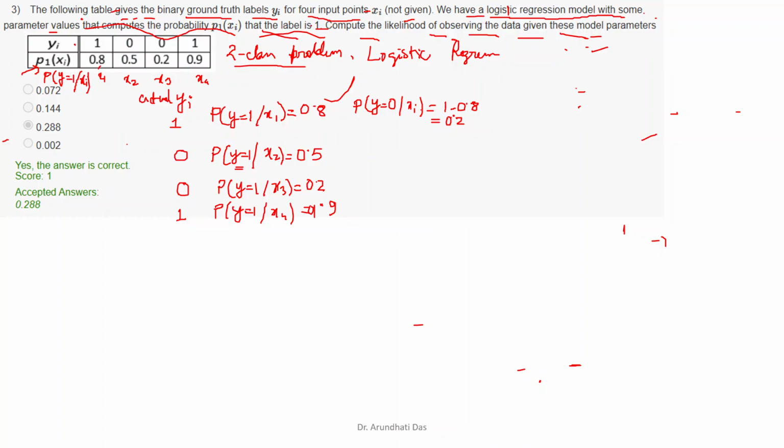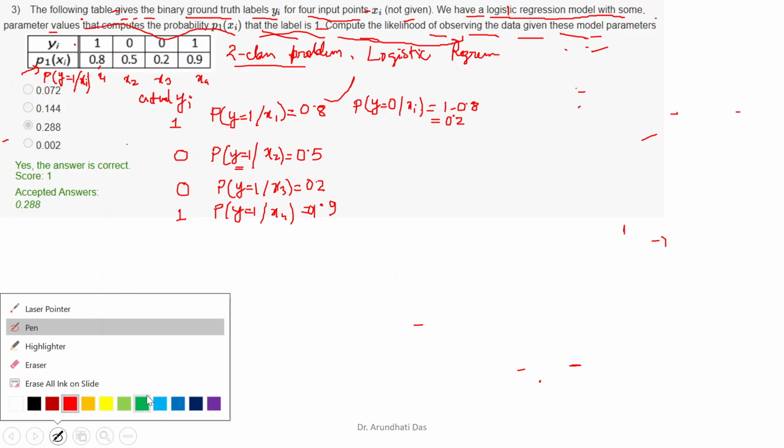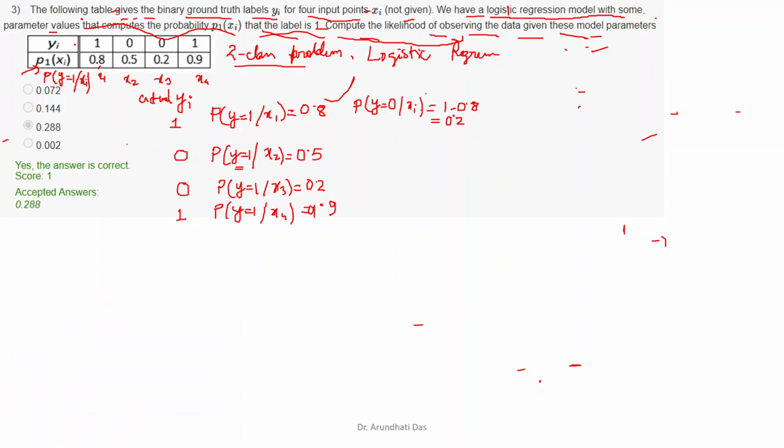Now we have to compute the likelihood of observing the data. We have a formula for computing the likelihood. What is the formula?